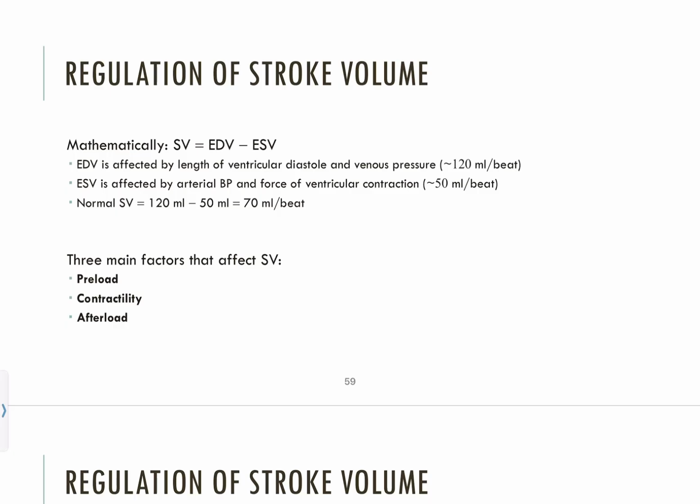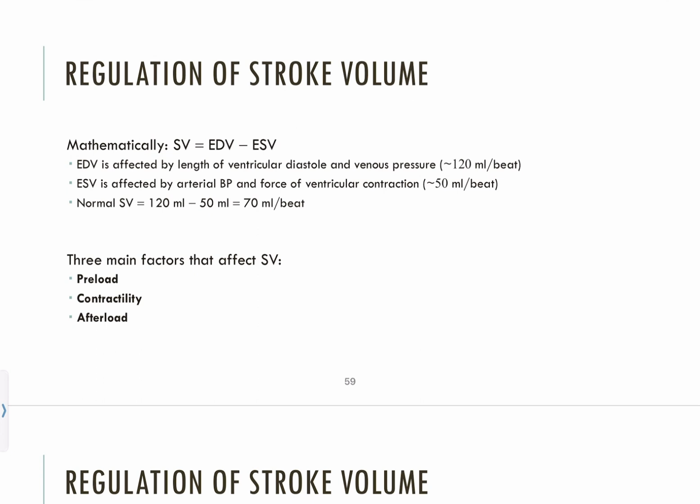So stroke volume is calculated as end diastolic volume minus end systolic volume. If you remember me saying previously, it's really important to understand and recognize what these terms represent. Just as a refresher, your end diastolic volume is the maximum amount of blood you have in the ventricles before they contract.